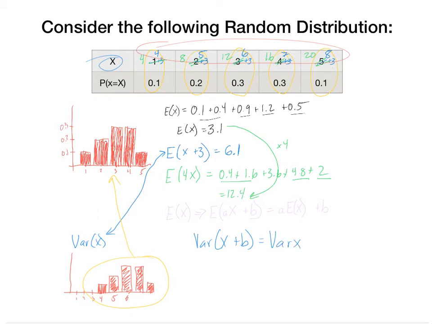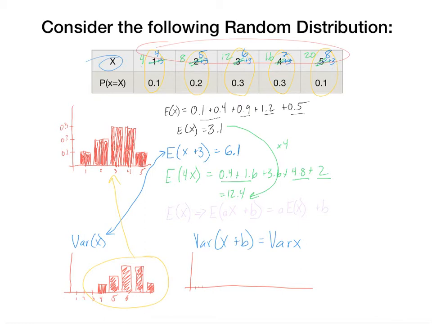All right, now let's look at the other scenario. What happens if I multiply everything by 4? Okay, well, let's draw a picture. Before it was at 1, 2, 3, 4, 5. Now it's at the green numbers, so 4.